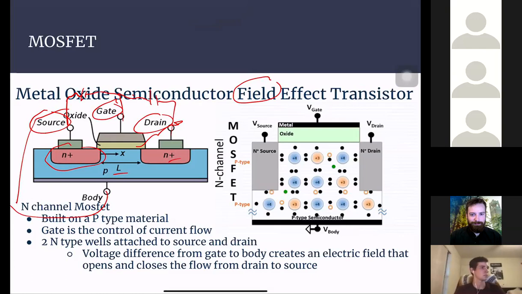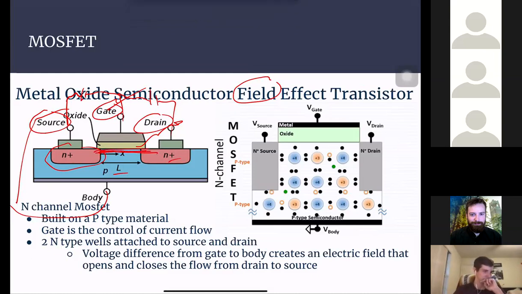Now, the voltage difference from the gate to the body creates an electric field that opens and closes the flow from drain to source. A phenomenon called carrier inversion takes place, which we will explain later, and it is the reason why, once the electric field is applied to a certain limit, the N-type and P-type regions are connected and current flows.